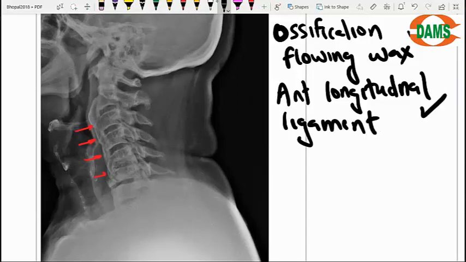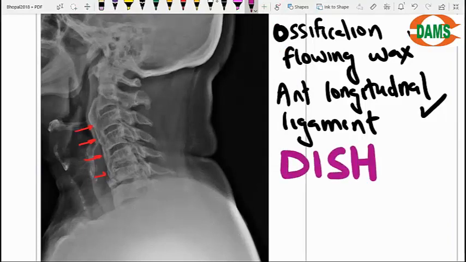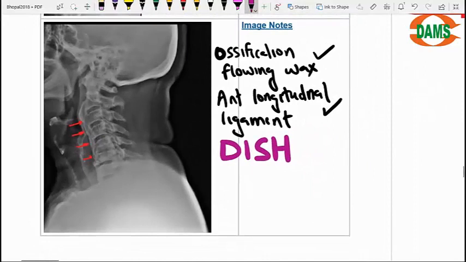Any one of you can tell me, is this ankylosing spondylitis? No, this is not ankylosing spondylitis. In that there are syndesmophytes. What is this? This is a disease which is called DISH. What is DISH?